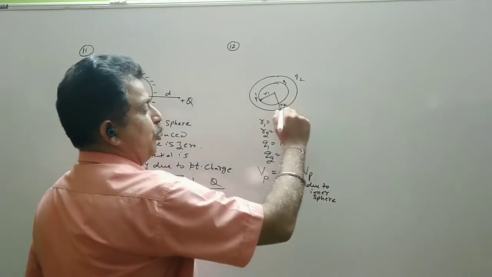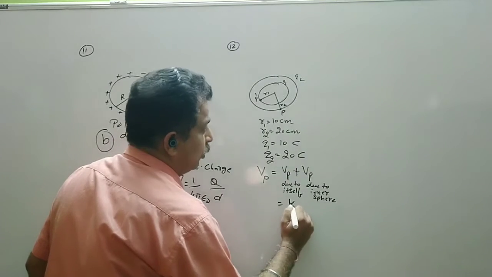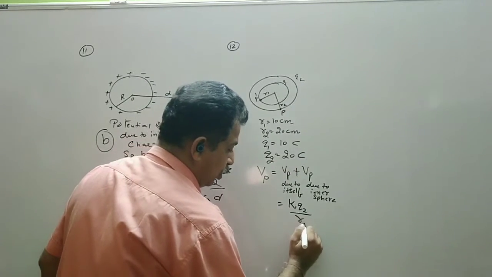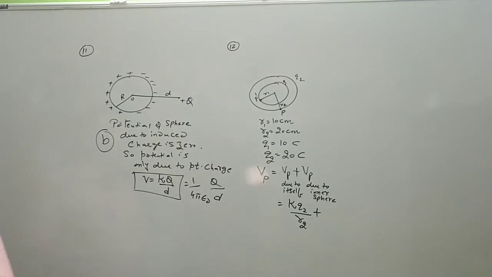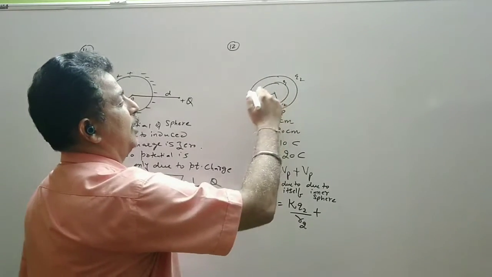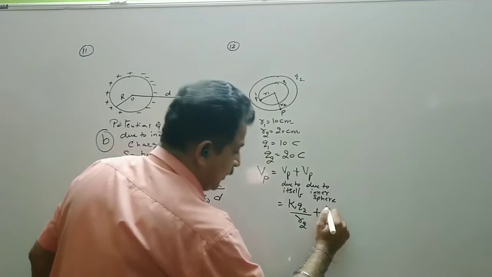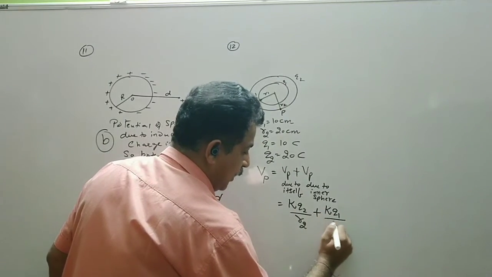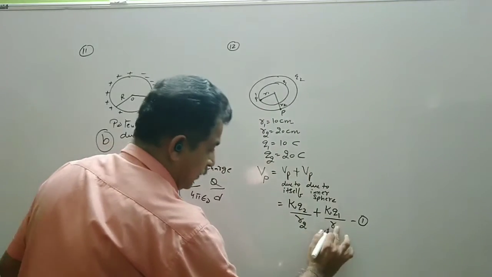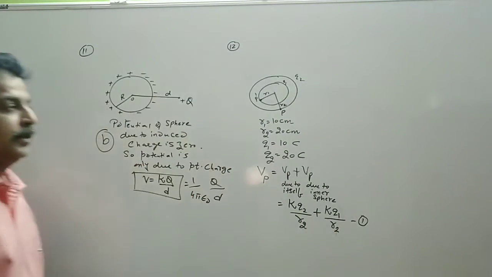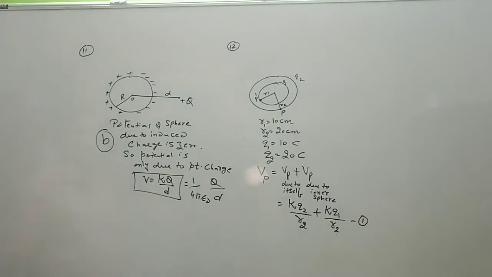Potential due to the outer sphere is KQ2 upon R2, plus the potential due to the inner sphere, whose entire charge is assumed to be concentrated at its center, so it should be KQ1 upon R2. So this is the potential at point P.